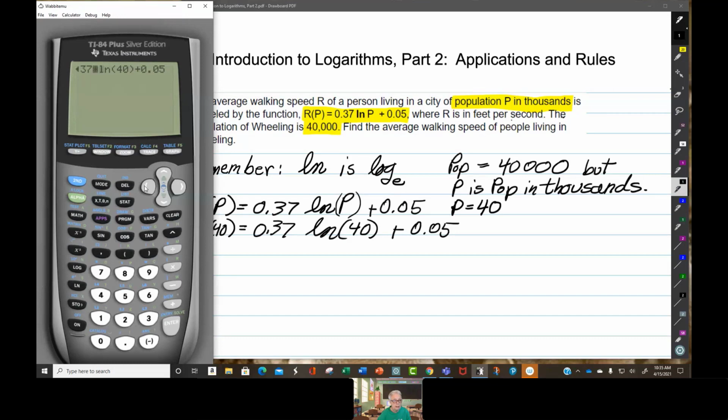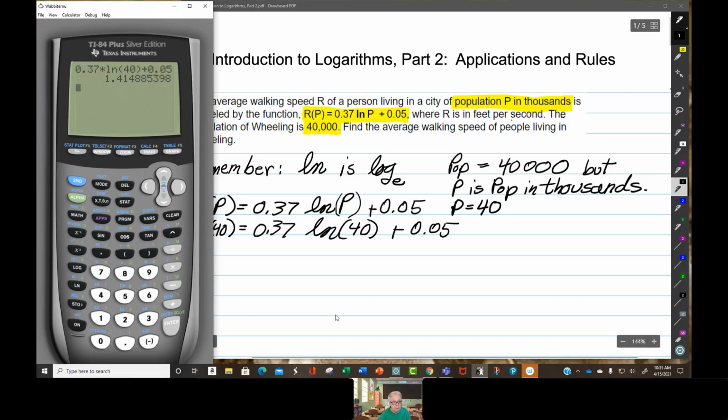Quick look back. 0.37. Oh, look, you can actually see it. 0.37 times the ln of 40 plus 0.05. You can see the whole thing. Okay, enter. And this is what I get.